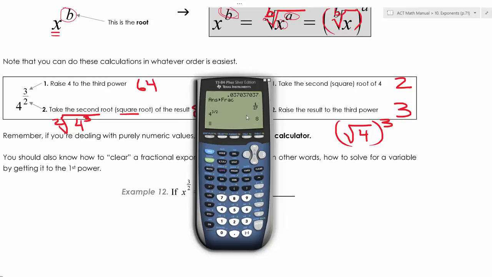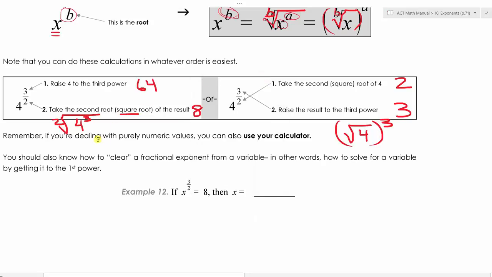So 4 to the 3/2 equals 8. Sometimes, however, on some older model calculators with older operating systems, you have to make sure that you put parentheses around the entire fractional exponent, or you are not going to get the correct answer. You will need to know your calculator well enough to know whether you need to use the parentheses.